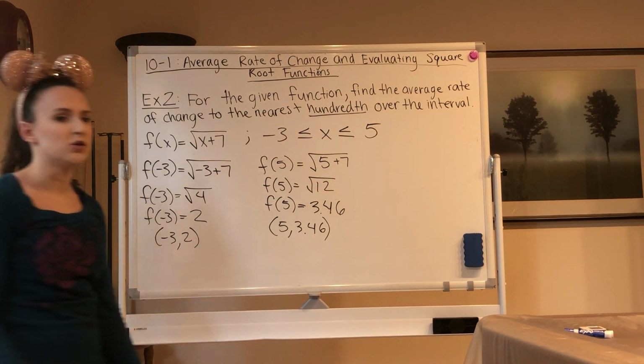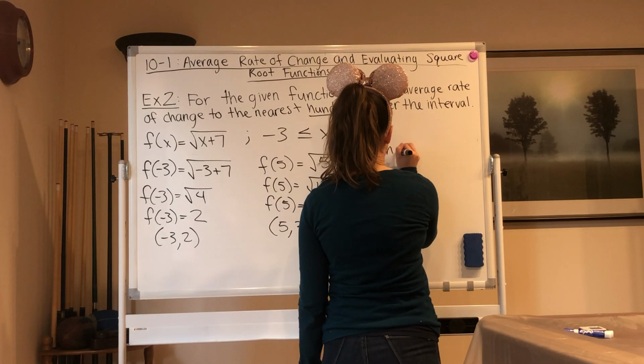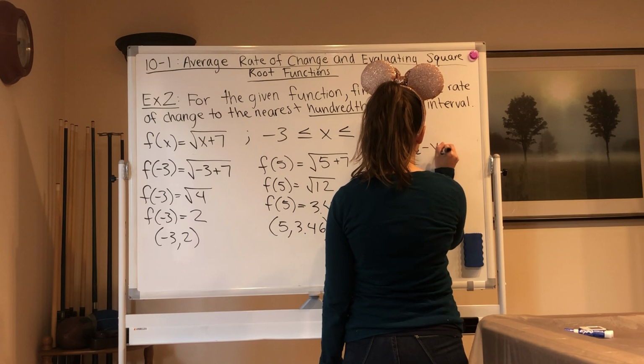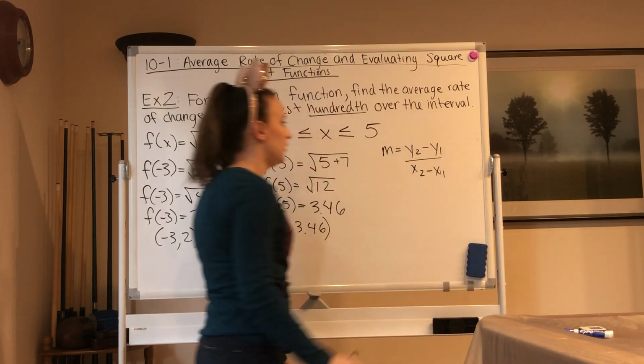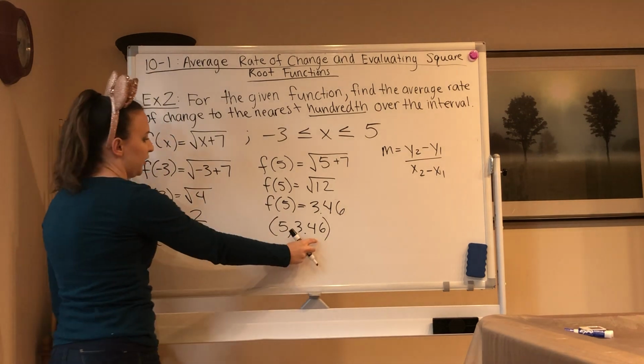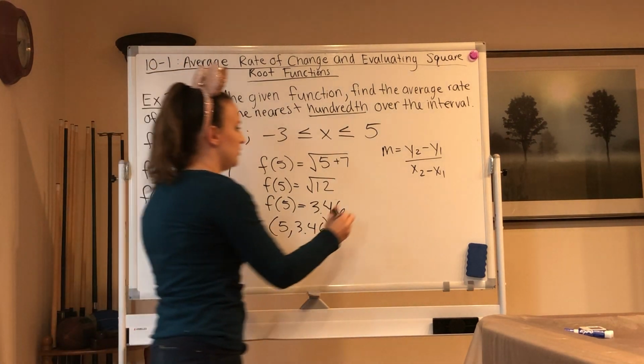Now we're going to plug in the slope formula. M equals y2 minus y1 over x2 minus x1. We're going to do 3.46 minus 2.